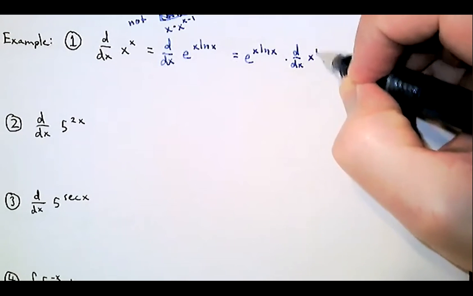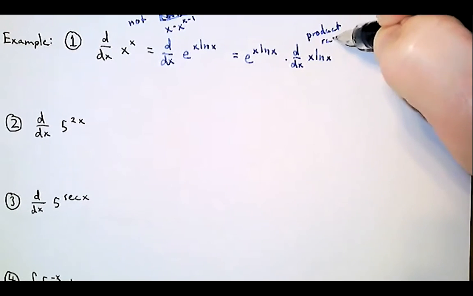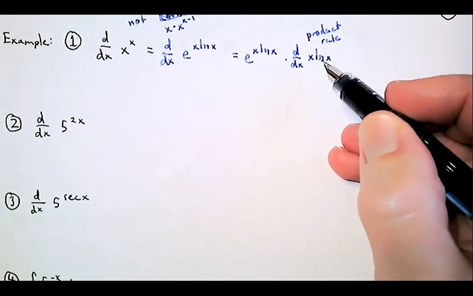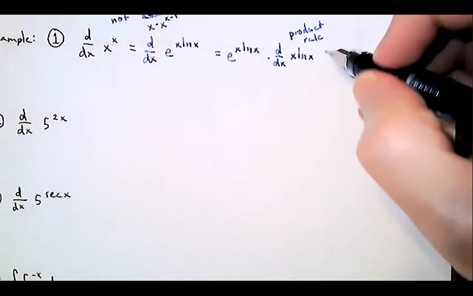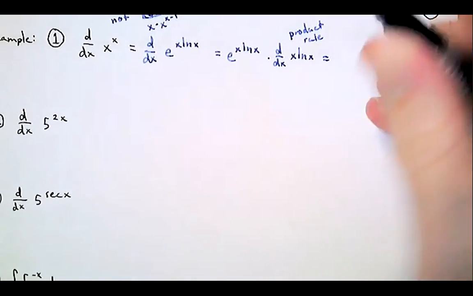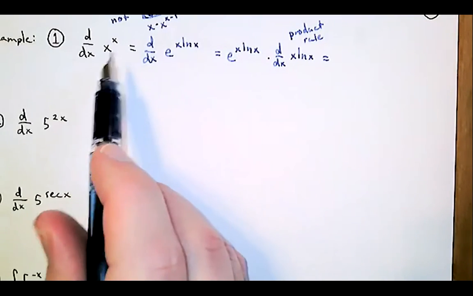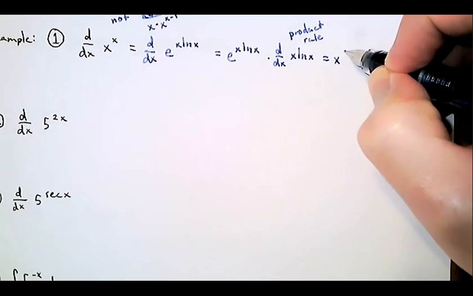But we do have to use the product rule, because we have x times a natural logarithm. So this guy, e to the x log x, we can just go back to our old notation and rewrite it as x to the x.